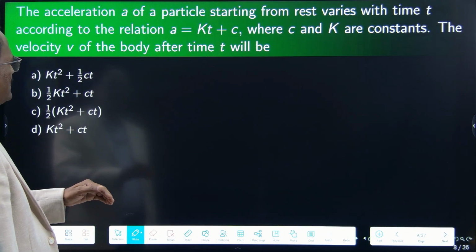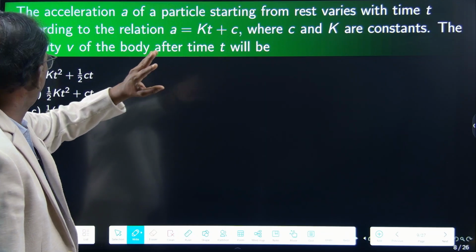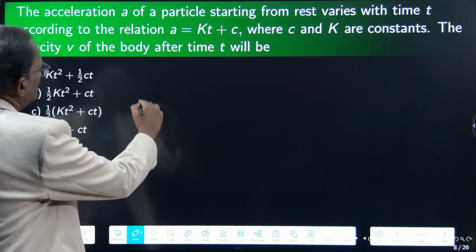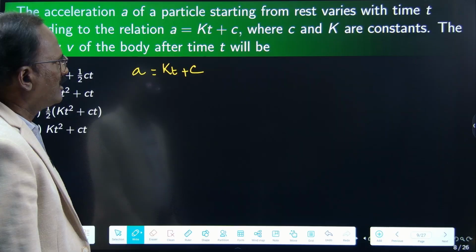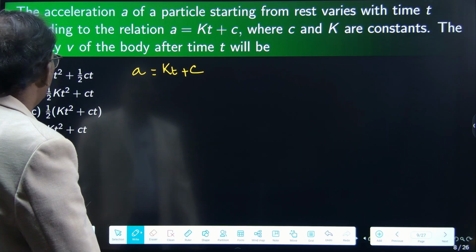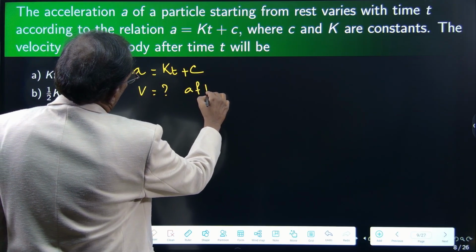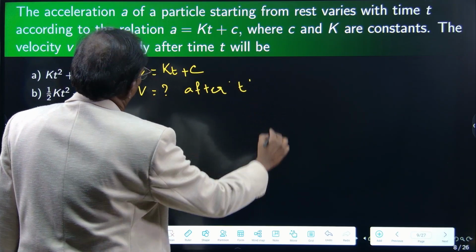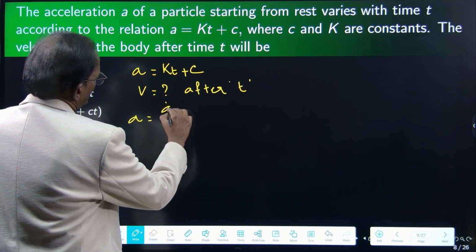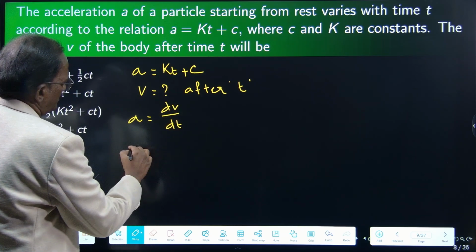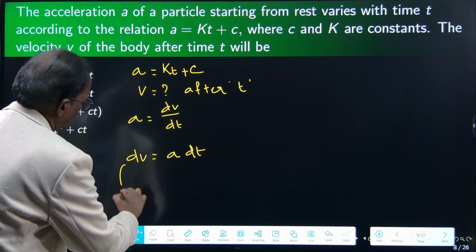Right, next problem. The acceleration A of a particle starting from rest varies with the time t according to the relation A is equal to kt plus c, where c and k are constants. The velocity v is what after t seconds? So simple, A is equal to dv by dt, cross multiply it, dv is equal to a dt, integrate it.